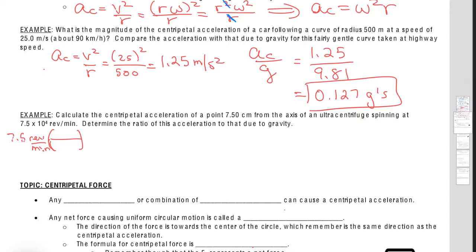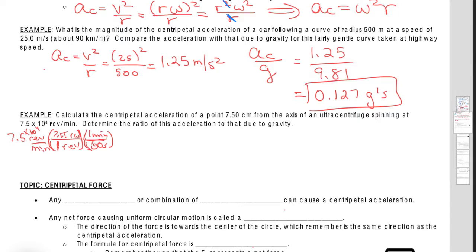To do that, we're going to use our conversion factor. 1 revolution is 2 pi radians, and in 1 minute there are 60 seconds. So we're going to do 7.5 times 10 to the fourth times 2 pi.